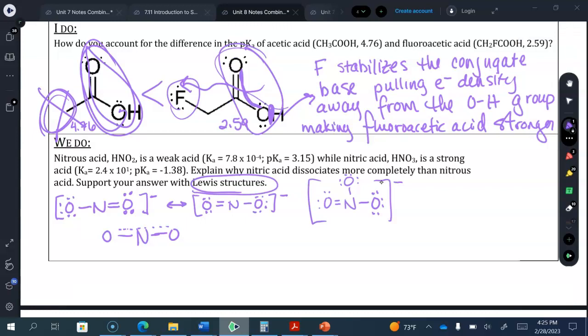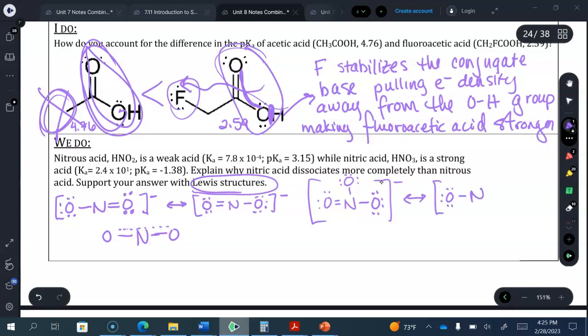However, that double bond can be distributed amongst all of them, or be on any of them. We could draw it anywhere. So let's do that. And this is resonance, so we're doing the Lewis structures that we were asked to do, so supporting evidence with Lewis structures. And then I have another one to draw, right? Because there are 3 oxygens that could have that double bond.